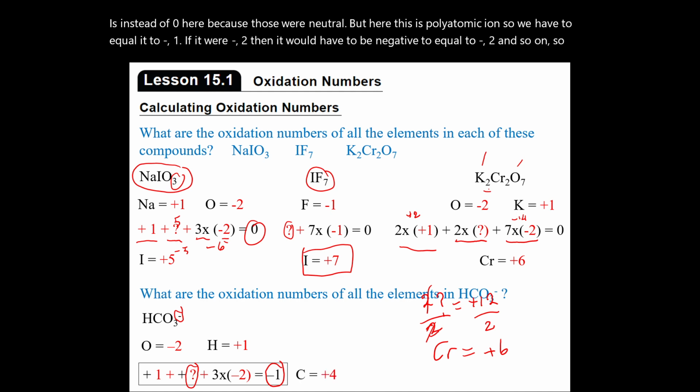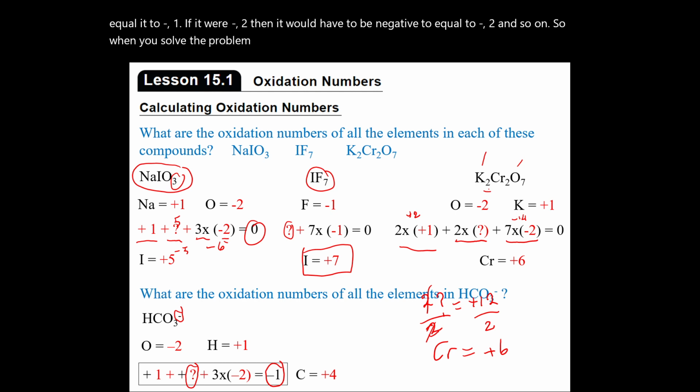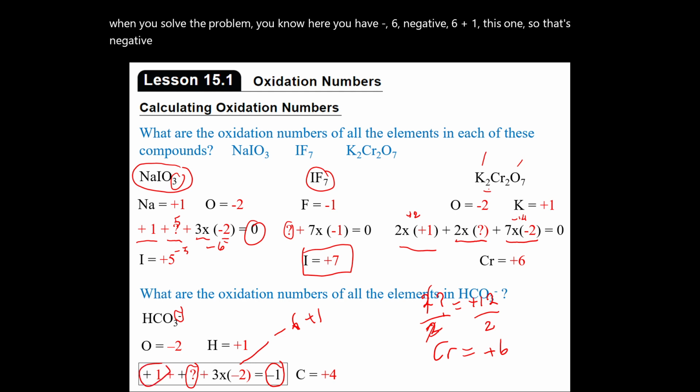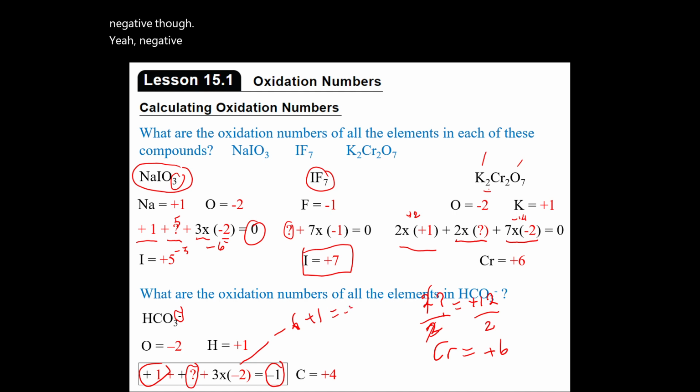So when you solve the problem, you have -6 plus 1, that will be -5.